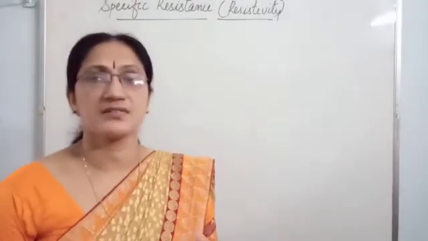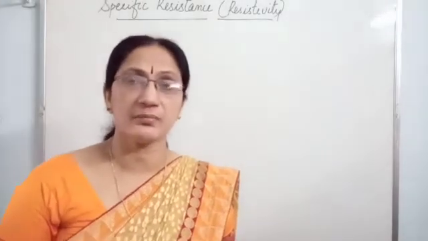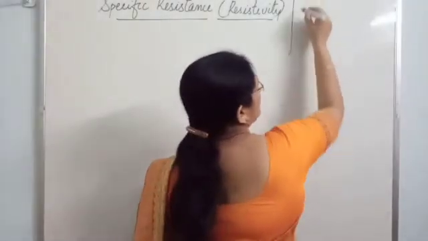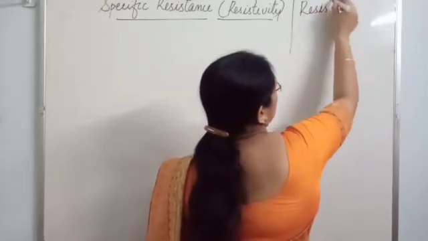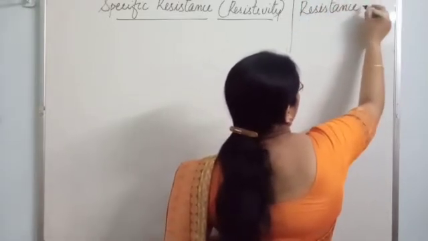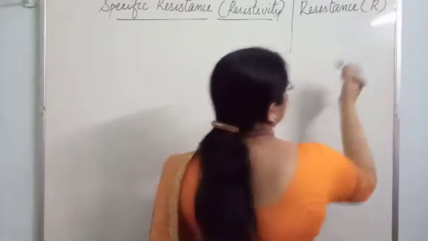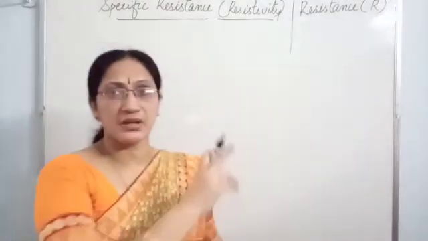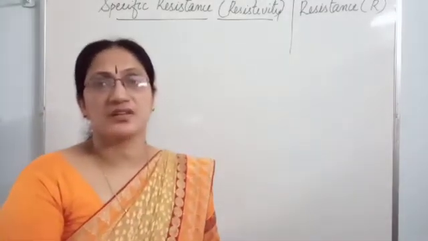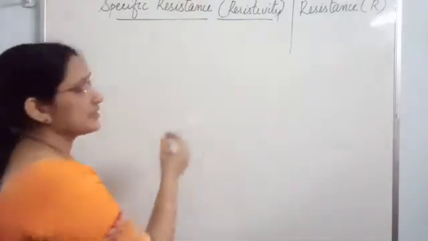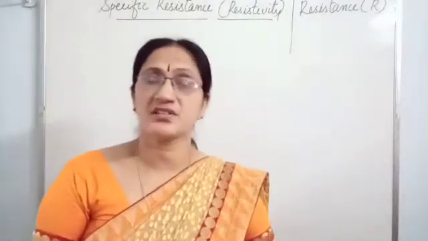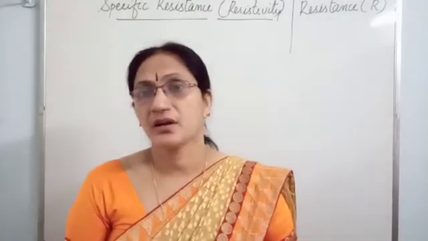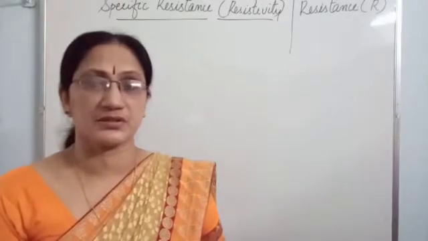Meaning of resistance is, it is the obstruction provided by a material for the flow of electrons and its symbol is R. Here it is specific resistance, meaning difference is there. Let us see the meaning of specific resistance. It is the resistance provided by a material of unit length and unit area of cross section.